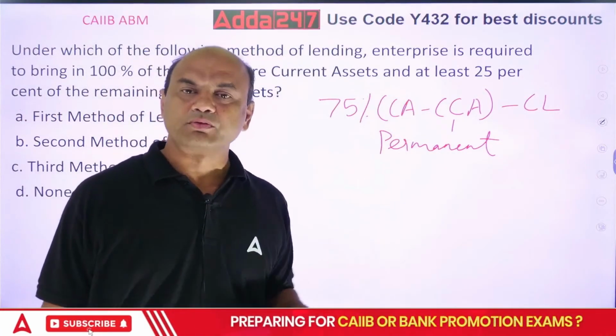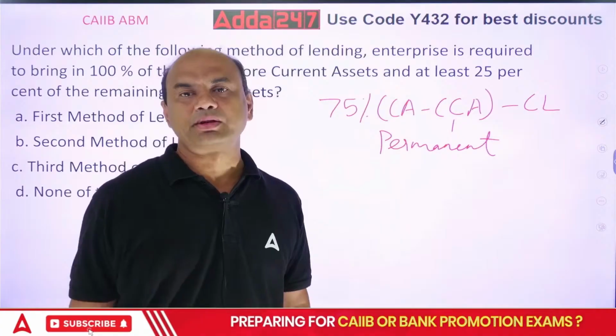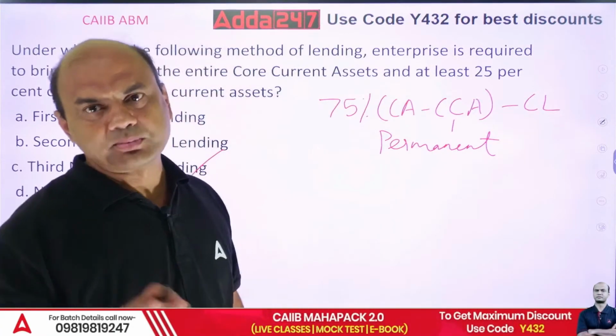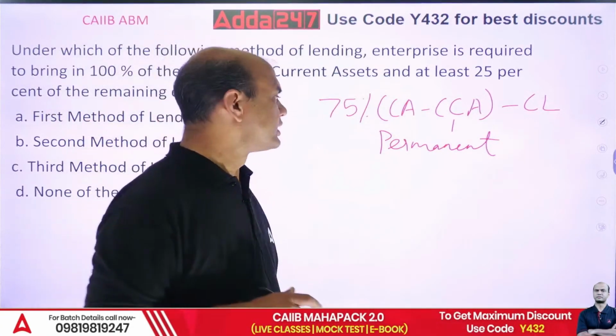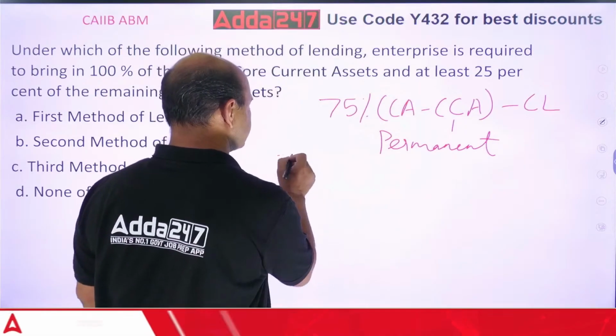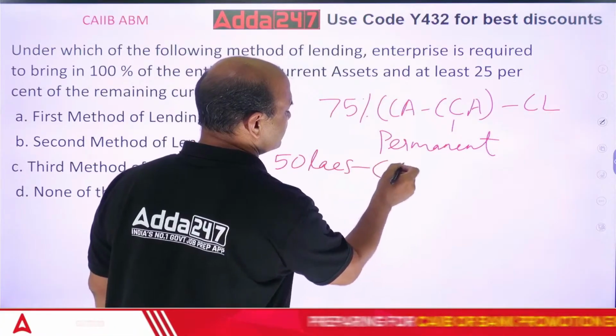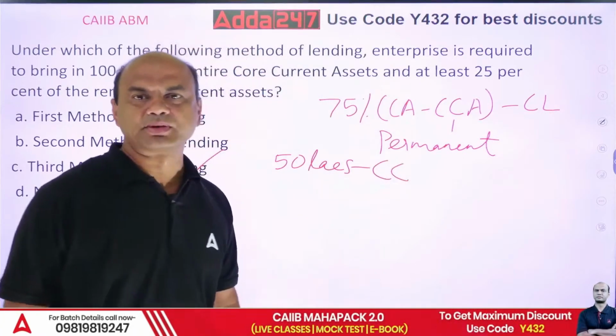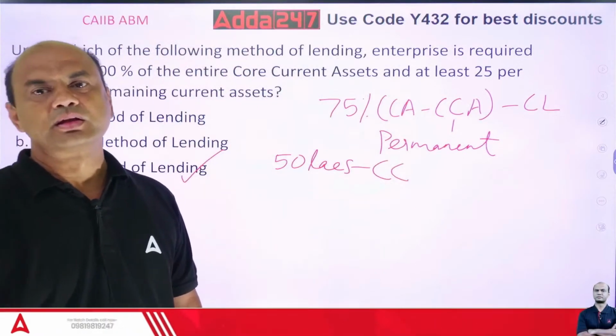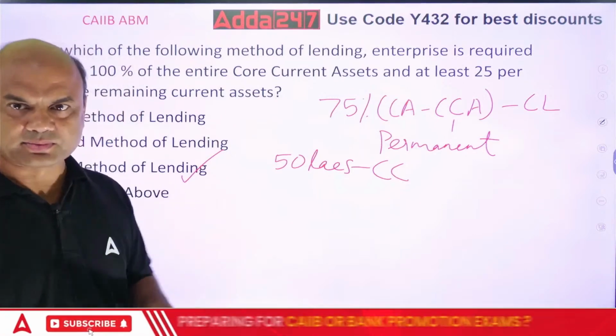What does this mean? What is the permanent component of working capital? Suppose you have sanctioned 50 lakhs CC to any customer. Now you see the range of that customer.